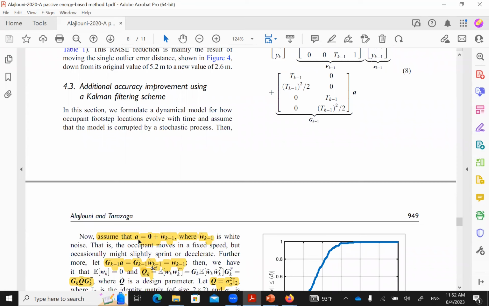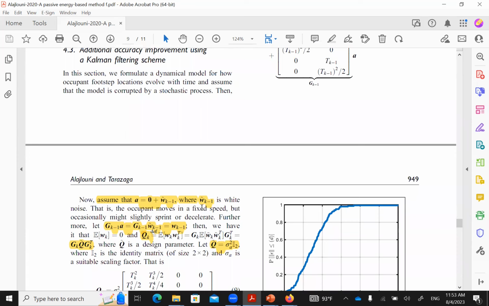Assume that acceleration is 0, but has some white additive component. Basically, what we're saying is that the occupant, on average, does not accelerate or decelerate. On average, they walk with a constant speed, but sometimes they might go faster or slower, which is a fair assumption. And we assume that this W tilde, as I call it, is white noise.